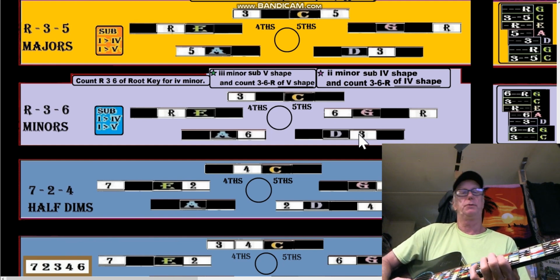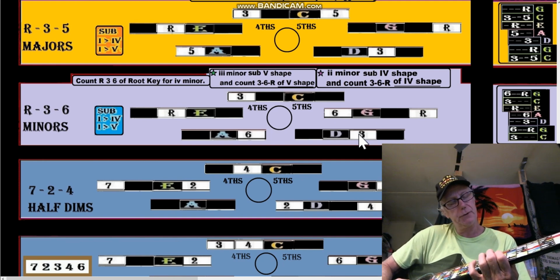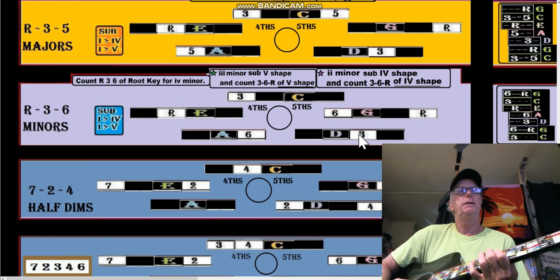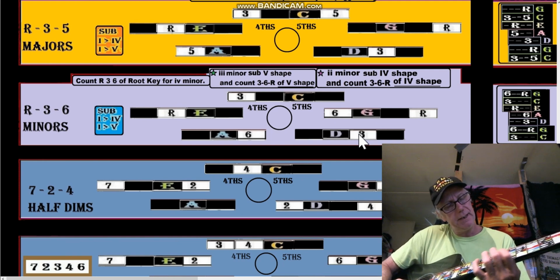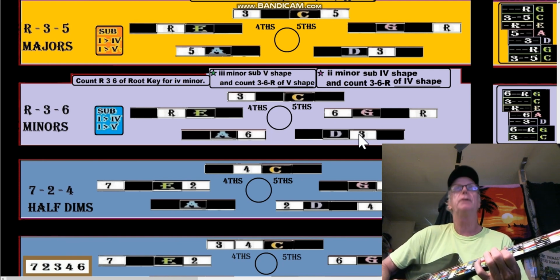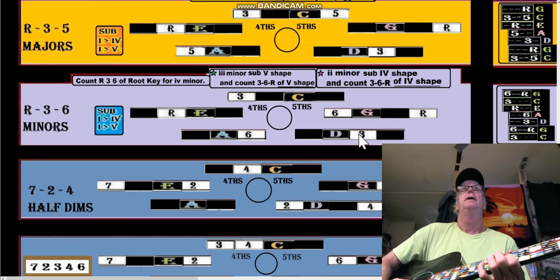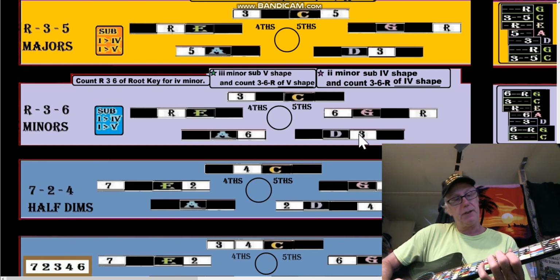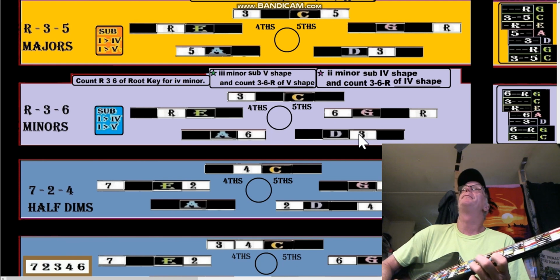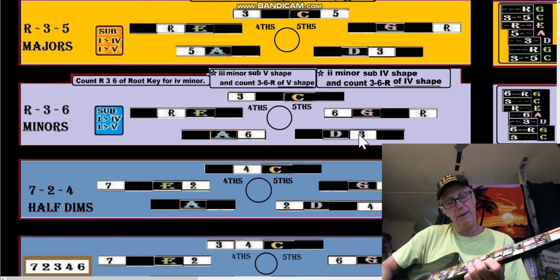And then, because we're doing a substitution, as if we're playing in this key now, the third of the F is going to be the A. So we're back here. Okay, and then, again, the 6th root warped up. And the 3.